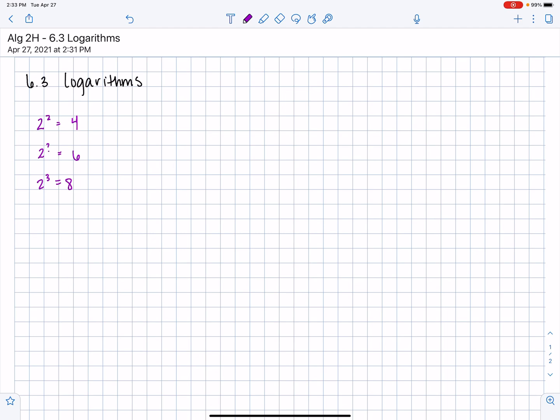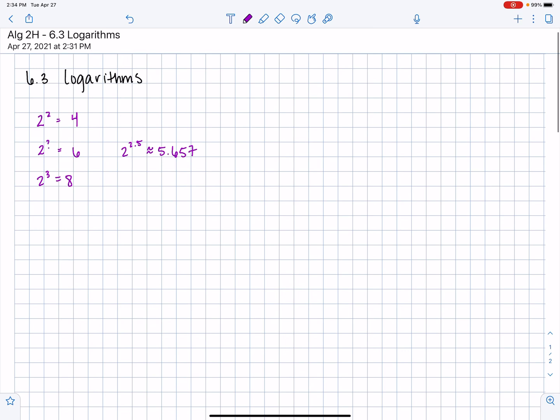Well, if we grabbed our calculators, we might start a little bit of guess and checking, and maybe we want something like 2.5. That makes sense. 2 to the power of 2.5, because it's right in between 2 and 3. And if you plug that into your calculator, you get about 5.657. All right, close, not quite.